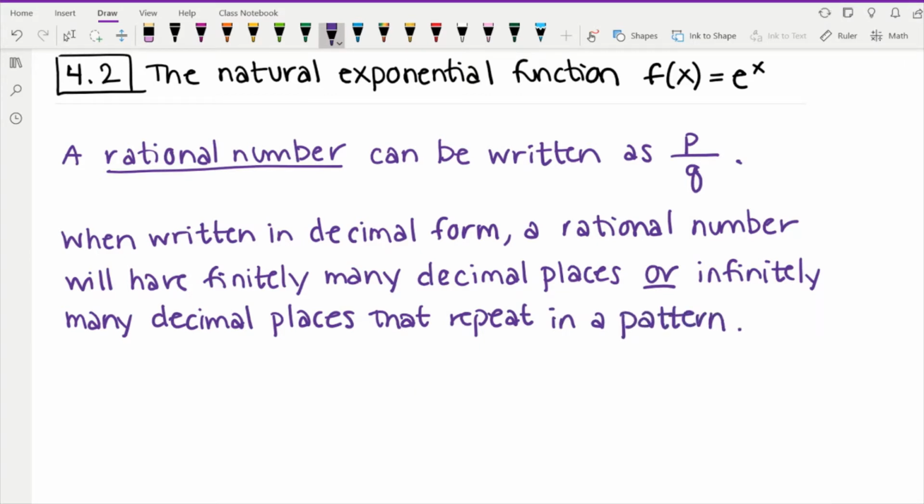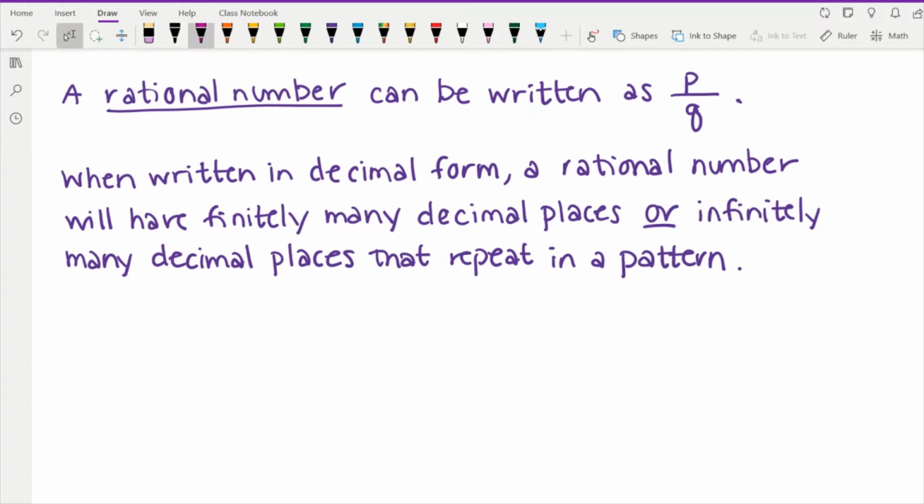Okay, so let's just write down some examples of rational numbers and we'll see how they kind of fit this description. So one example of a rational number would be the number 3/4, or actually let's say 5/4 to make it a little bit more interesting. So 5 over 4 is a rational number, right? It can be written as a fraction.